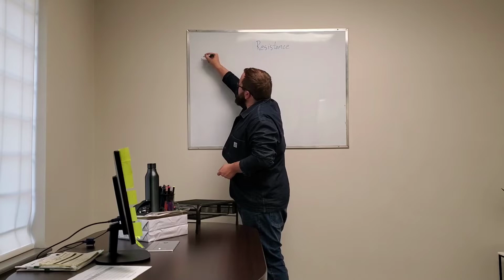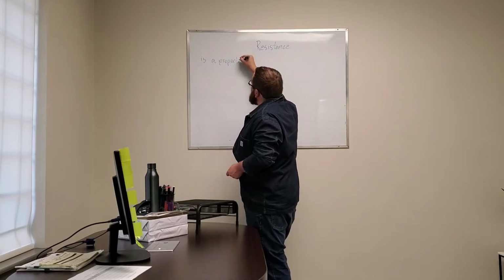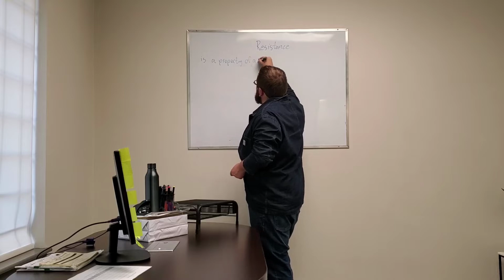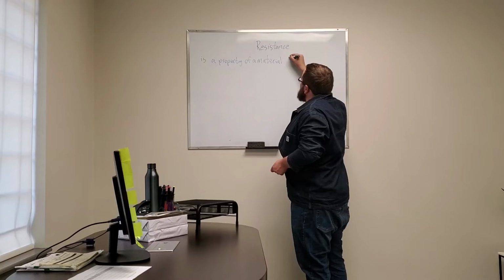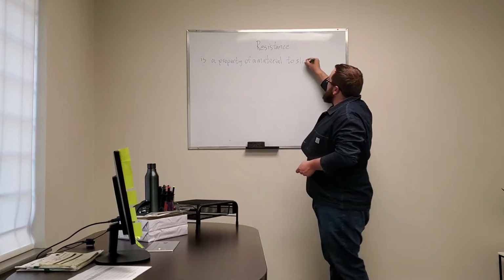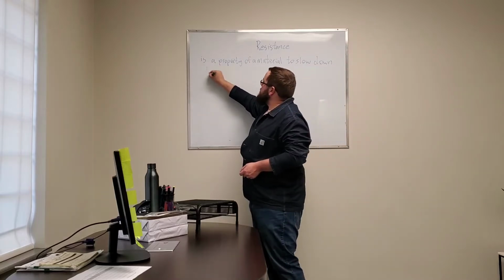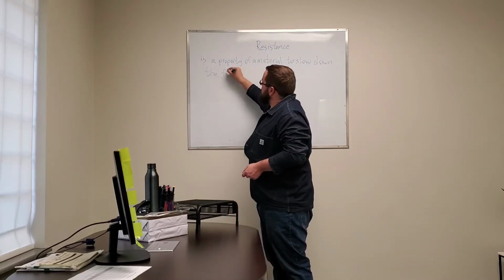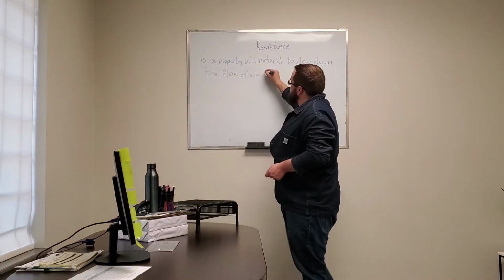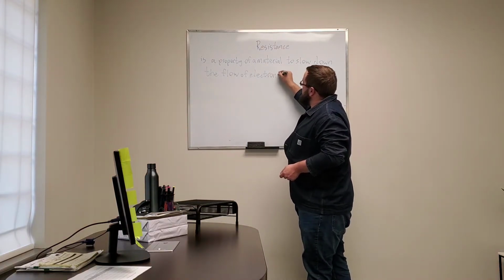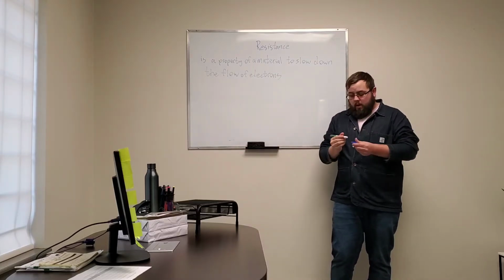Resistance is a property of a material to slow down the flow of electrons. Okay, so once again, resistance is the property of a material to slow down the flow of electrons.